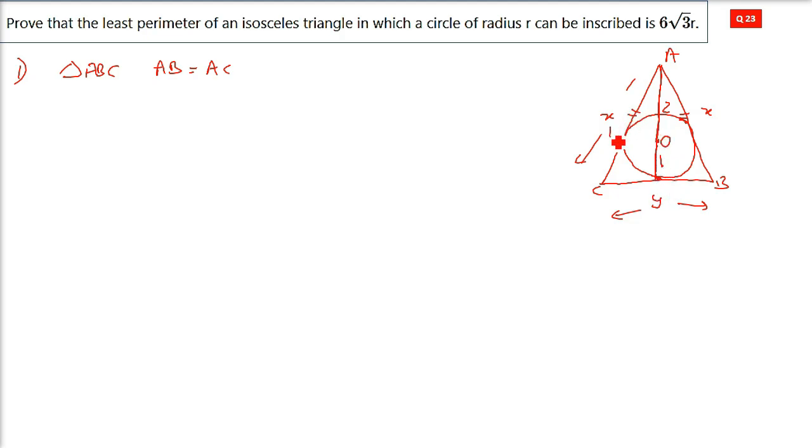If we take these points D, E, F, which touch the inside of the triangle, and O is the center of the circle, then a line joining a vertex of an isosceles triangle to the opposite side passing through that center will divide this line in the ratio 2:1. So if AO is 2r, OF is going to be r. That is 2:r. The relationship will be twice of r.